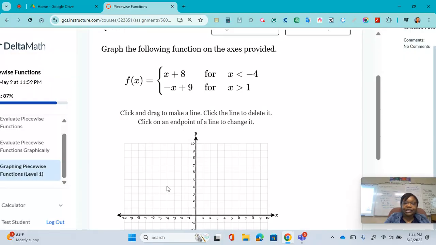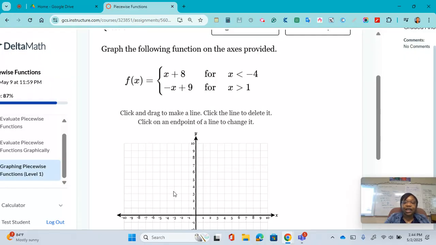It says that this is the equation of a linear function, mx plus b. My slope is positive 1. So when I go to negative 4, 4, I need a positive slope, so it needs to be going up. But this is restricted to only x values that are less than negative 4.